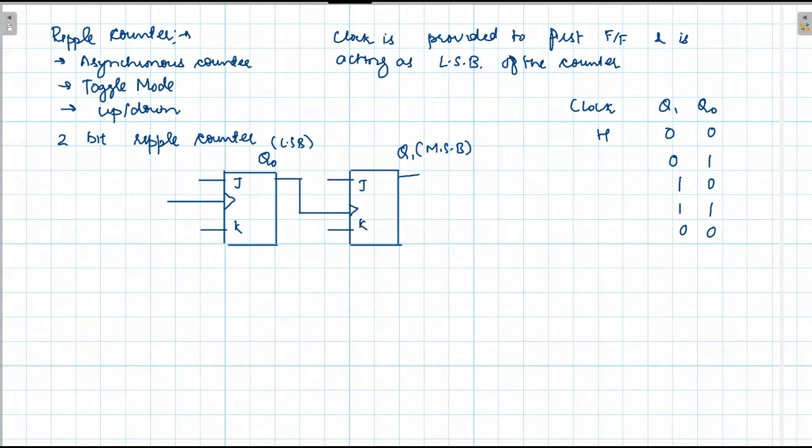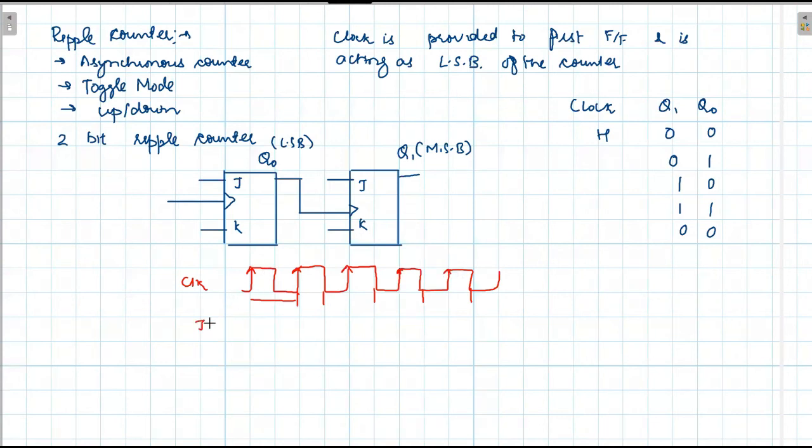Your clock is there. I will be drawing smaller diagrams so that you get a better idea on your screens. So this is your clock. It is having 1, 2, 3, 4 and 5 cycles, and we assume the system to be positive edge triggered.